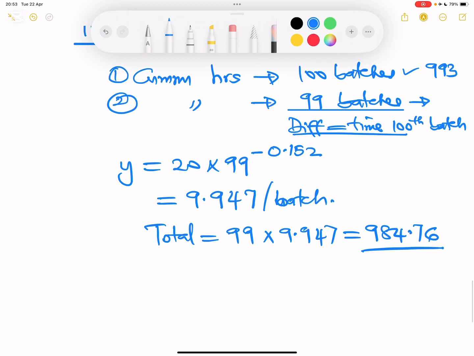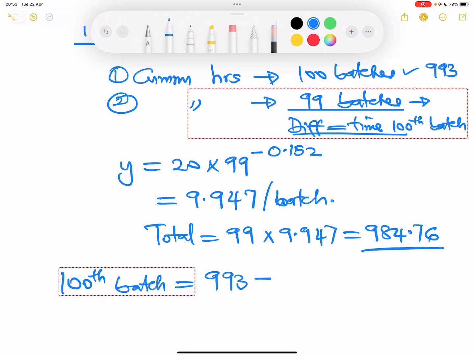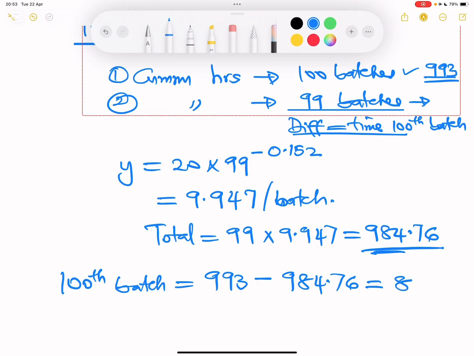So now we know the total for 100 batches, we know the total for 99 batches. That means the 100th batch must have taken the difference between the two. Must have taken 993 minus 984.76, which is this minus this. And that will give us 8.24 hours.